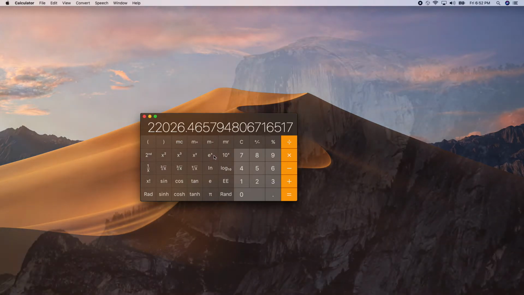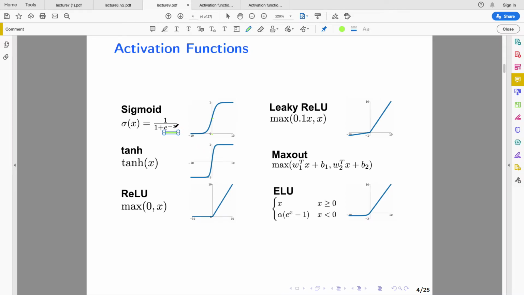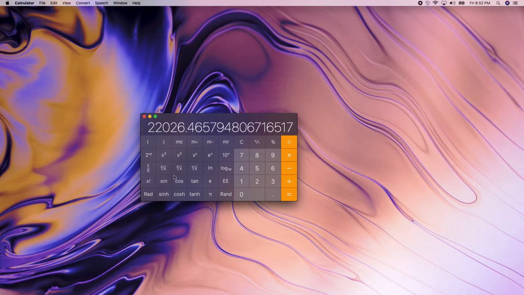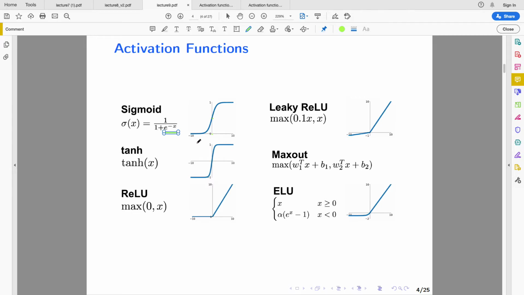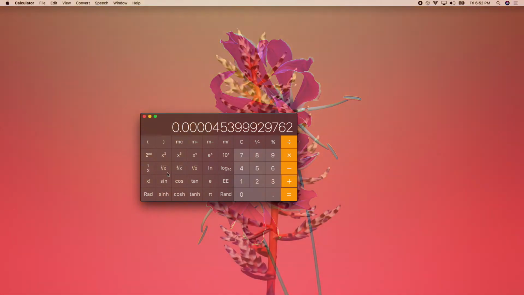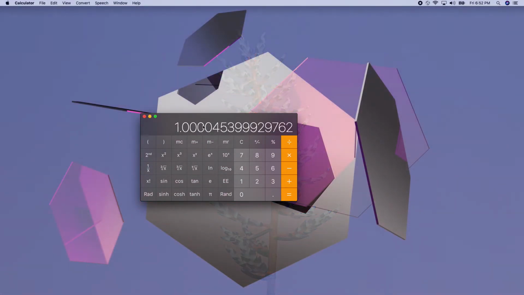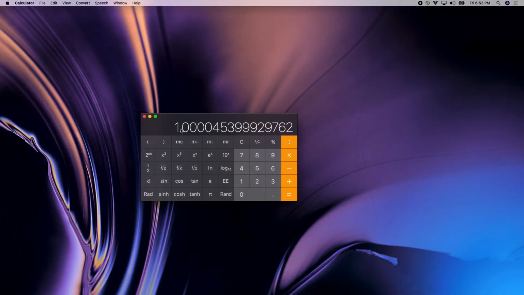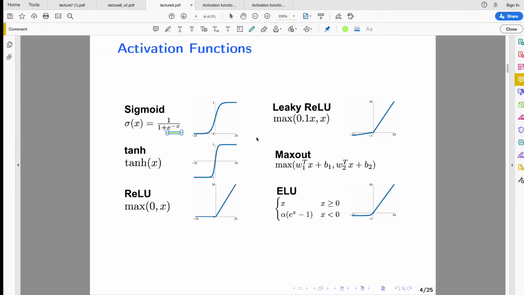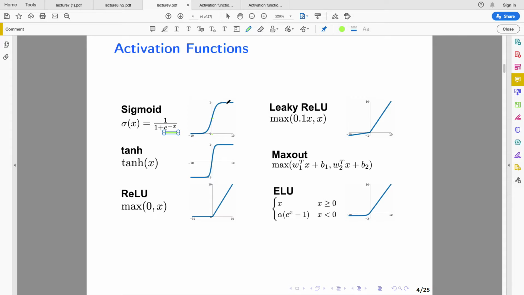So the formula says 1 over this, and by the time you do 1 over that and you add 1 to it, it gives us this. And by the time you now divide 1 by this, which is our denominator, it gives us approximately 1, just to tell us that this is going to be 1. So that is for the sigmoid.